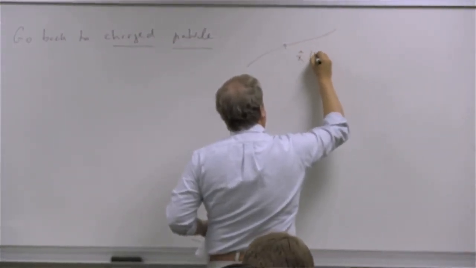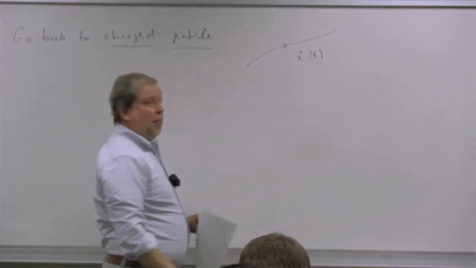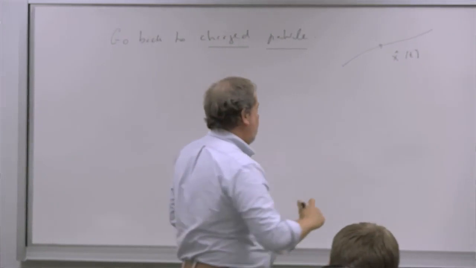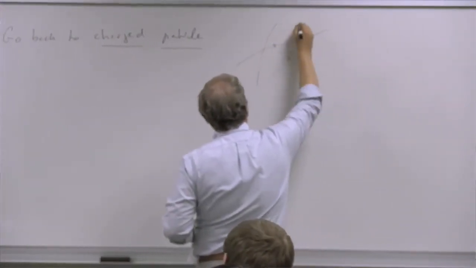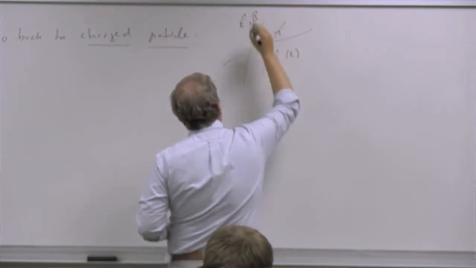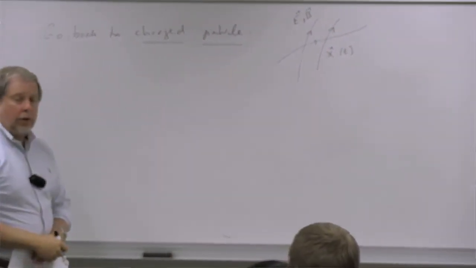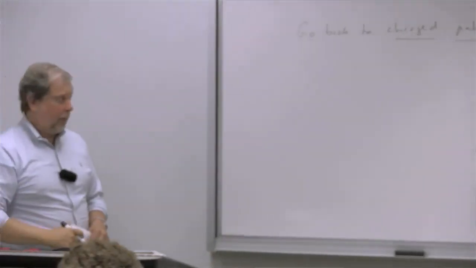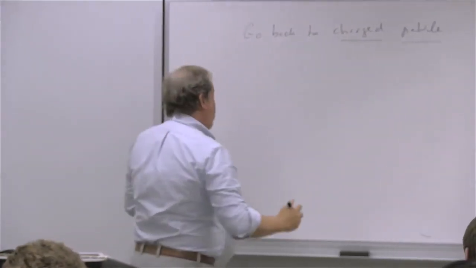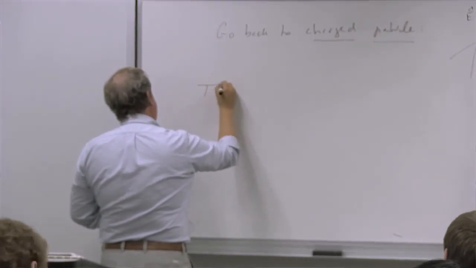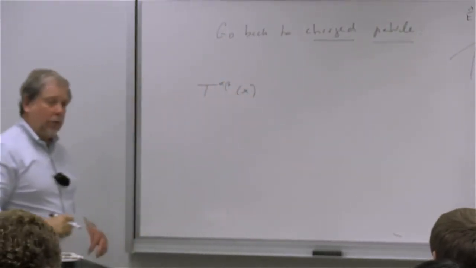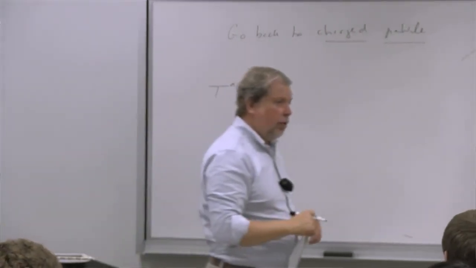It moves along a trajectory x of t. But the new ingredient we want to add is that the reason why it follows a certain trajectory is because there is some sort of E or B field here, which acts on the particle in accordance with the Lorentz force equation, right? So that means that when we discuss the energy momentum tensor, T alpha beta of x, we have to introduce a new concept.